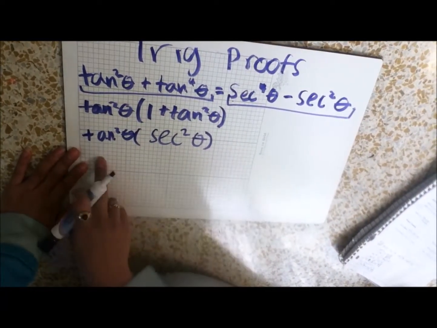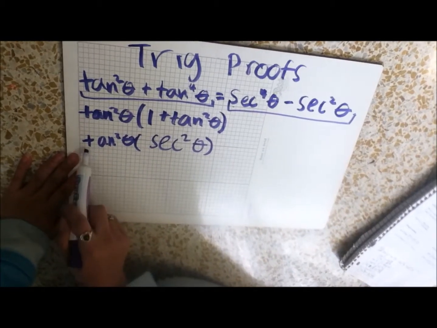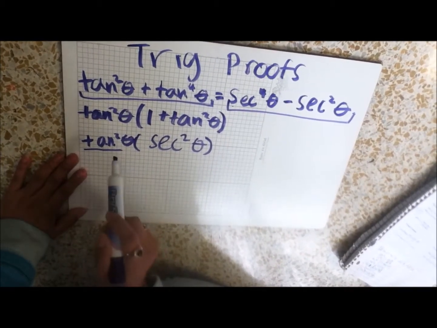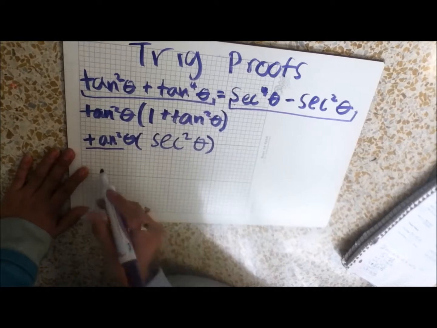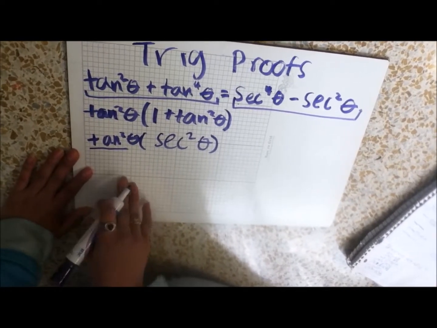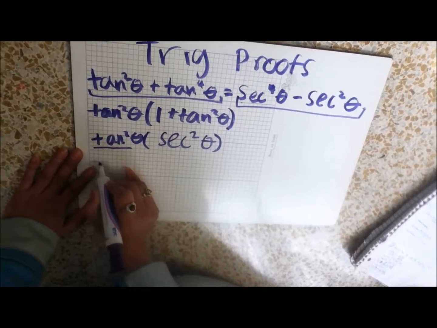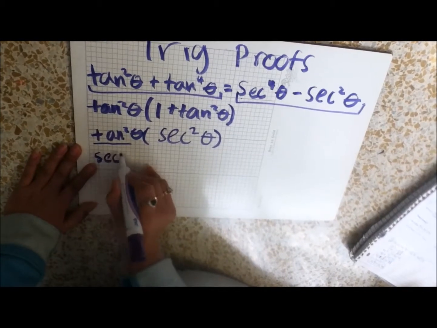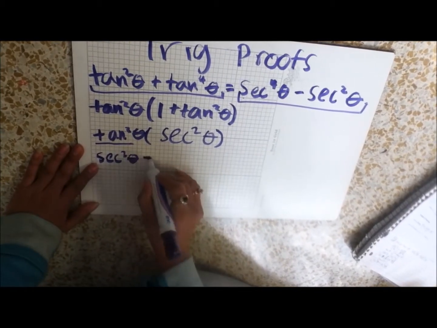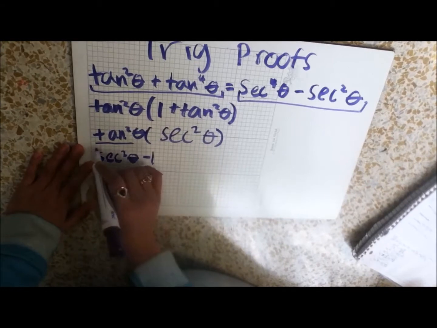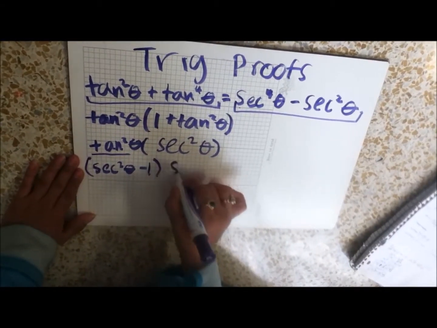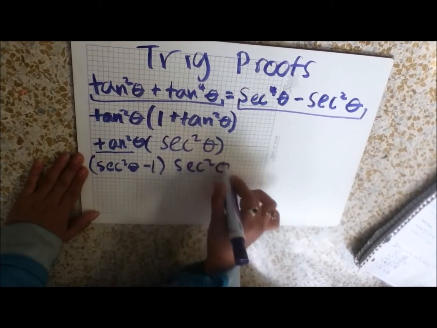Now, we have to turn this tangent into secant also. For that, we see that tangent squared theta equals secant squared theta minus 1, and then it's times secant squared theta.